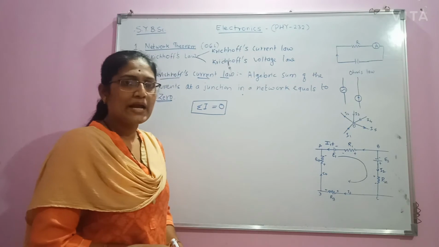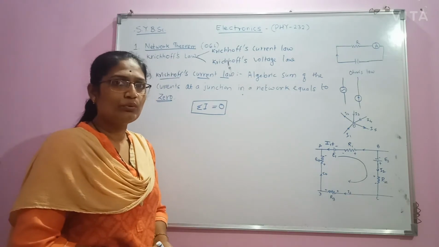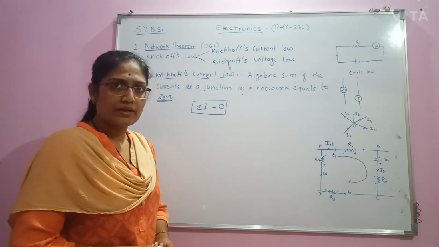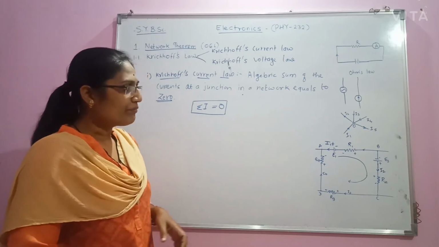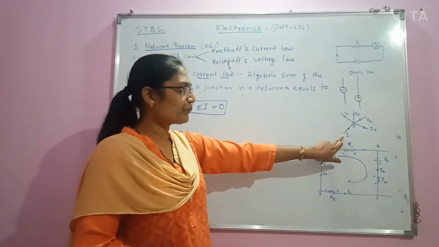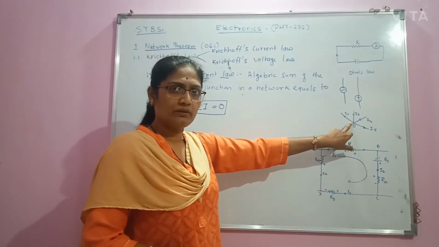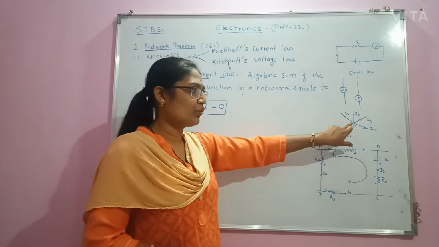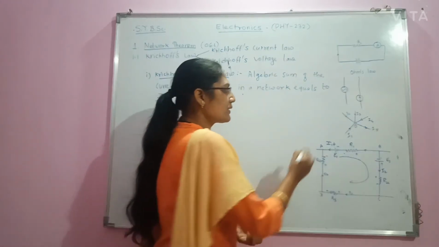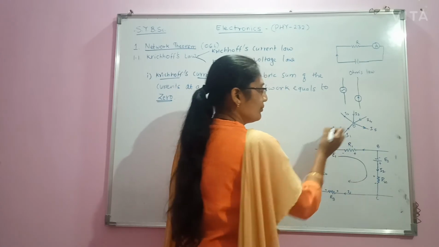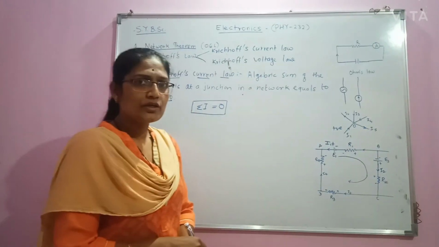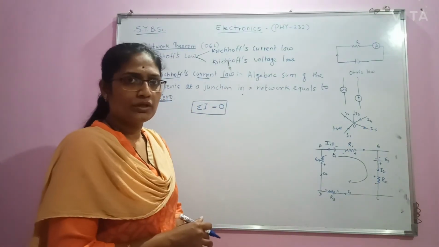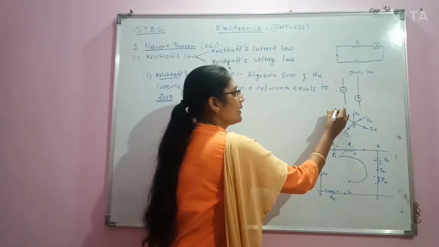Therefore, there are a few sign conventions that we have to take into consideration. If current is moving towards the junction, then it is considered as positive. And if current is moving away from the junction, then it is considered as negative.